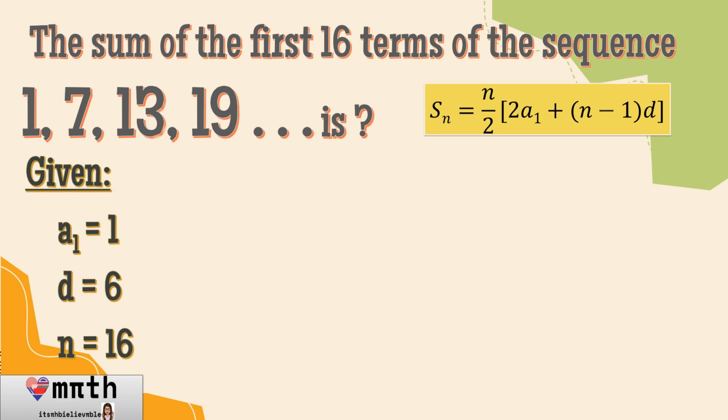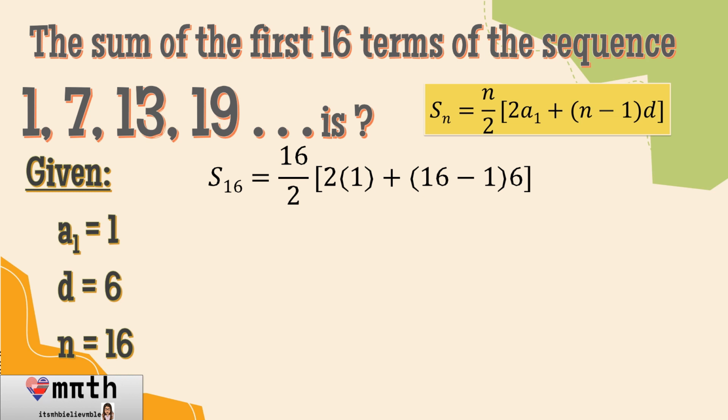We end at the 16th term of the sequence. So using the formula, we just substitute our given. That will be S sub 16 equal to 16 over 2 times 2 times 1 plus 16 minus 1 multiplied by 6.